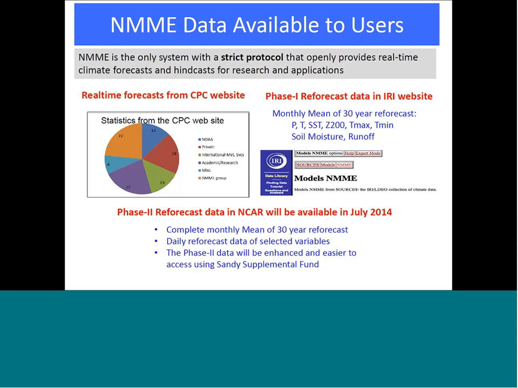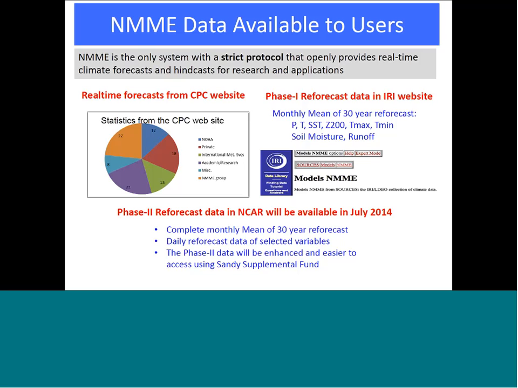the Phase 1 data currently include monthly mean data of variables such as PRATE and SST, which I listed here, available from the IRI website.